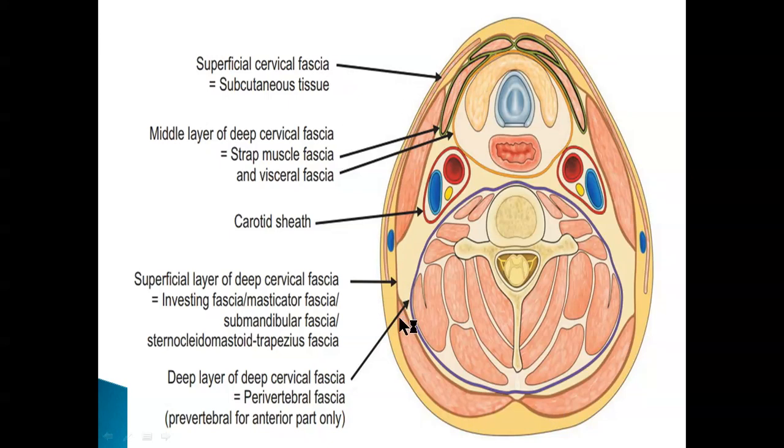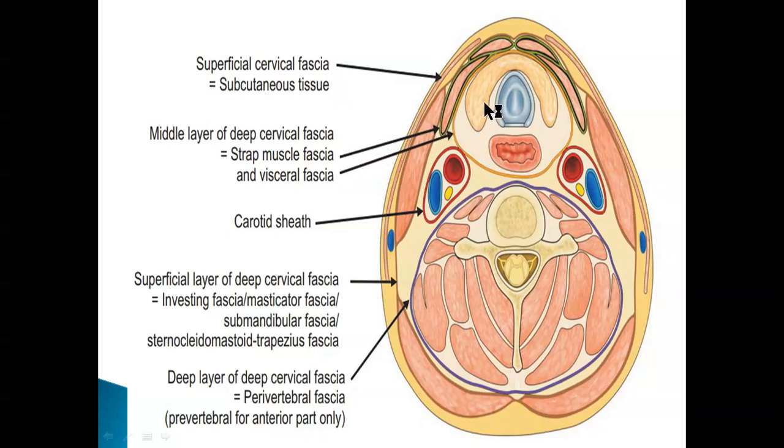All right. So all these fascias, basically till the investing layer, are covering your neck in a circular motion, like a collar. Then deep cervical fascia, as already mentioned, is divided into three main ones.